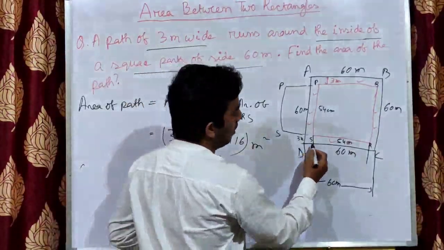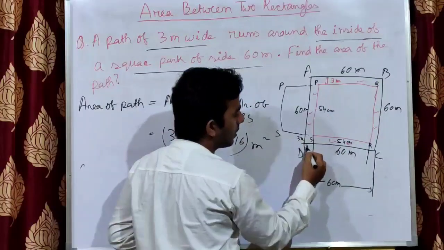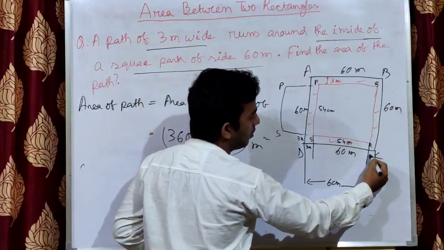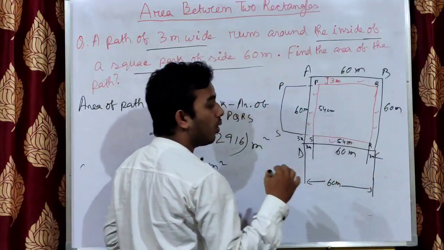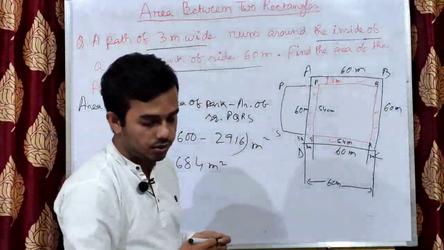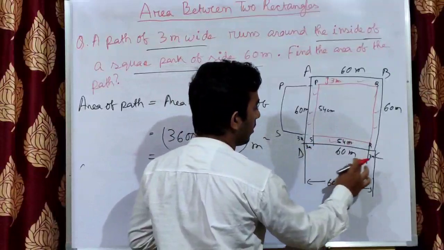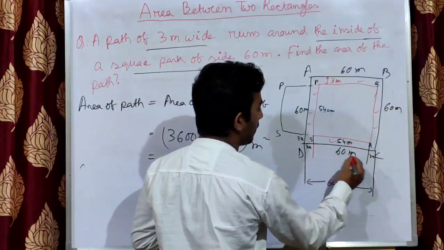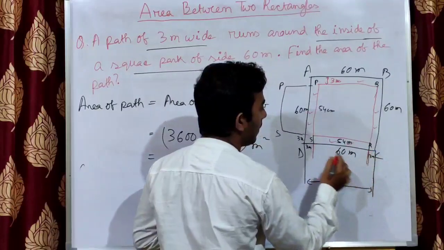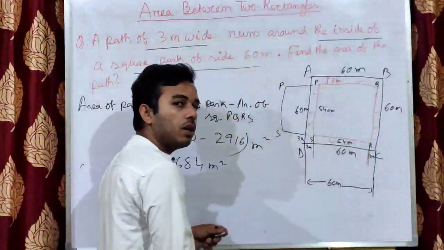Okay. Now, we also know the length of the path is how much? 3 meter. This path is also 3 meter. Now, what we have to find? We have to find this length, right? So, how will you find this length? Now, this total length is 60, clear.